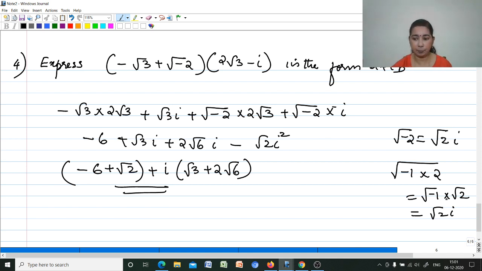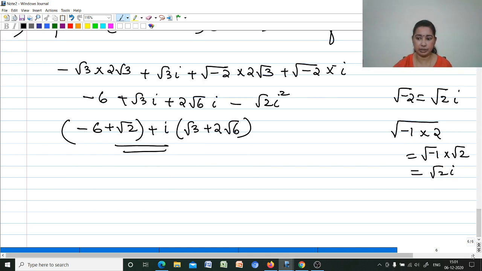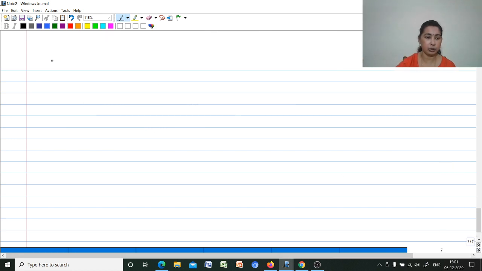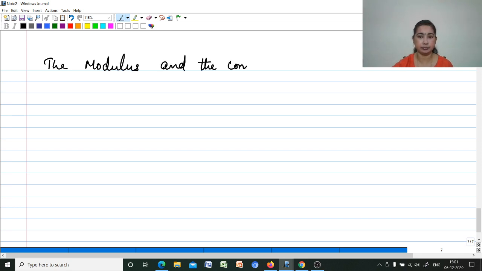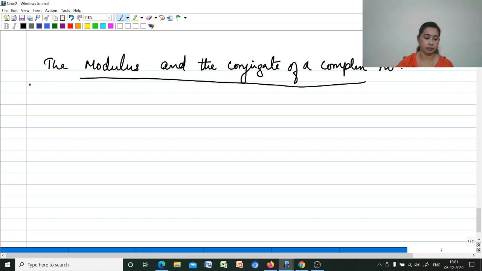Now the next topic in this which we have to study is modulus and conjugate of a complex number. So let the complex number be z is equal to a plus ib. It's a complex number.